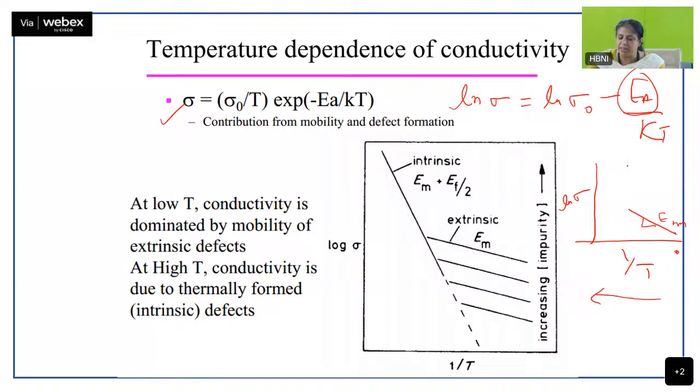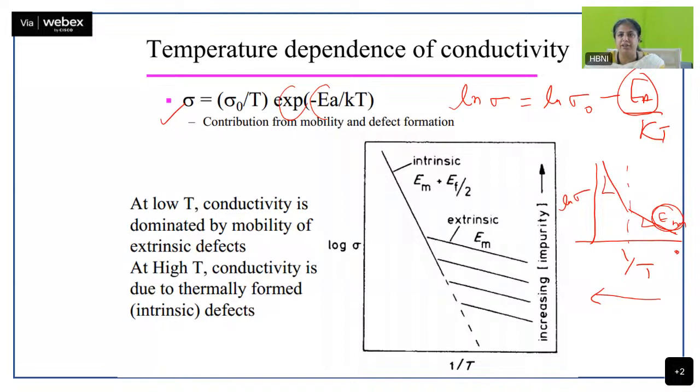Now, beyond a certain temperature, the Schottky defects would be created in a much higher amount because of the exponential dependence, and then the slope would increase.